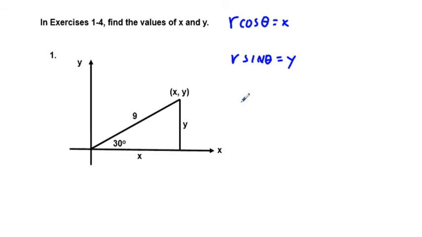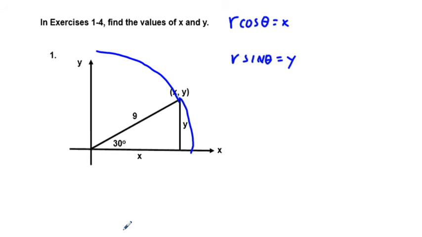And R means radius, so if you think that you've got a circle, in this case with a radius of 9, we can find the x value by multiplying the radius, in this case the hypotenuse, times the cosine of theta, which is 30 degrees.